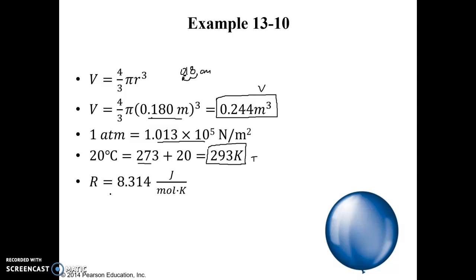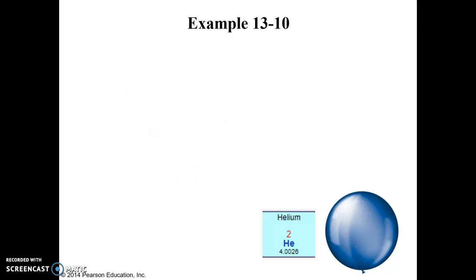And then R is a constant. We were given in a previous slide 3 different versions of it. We want this one, the 8.314 joules per mole Kelvin. Why do we want joules? Well, because we're using our standard units of newtons and meters, and a joule is a newton meter, so that is going to be consistent with our other units.